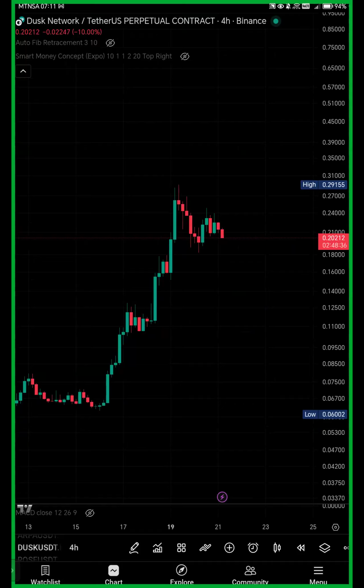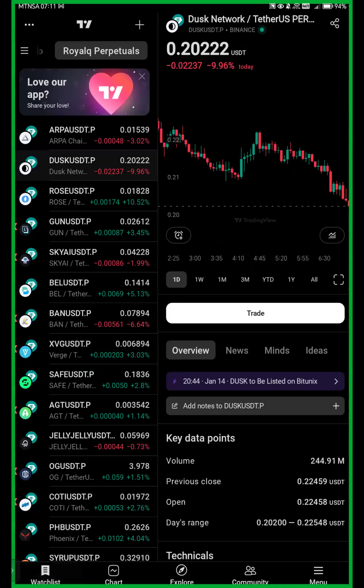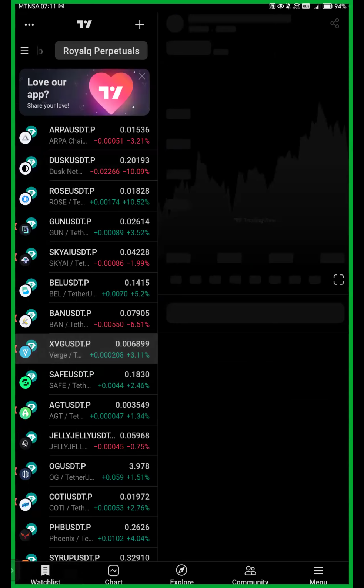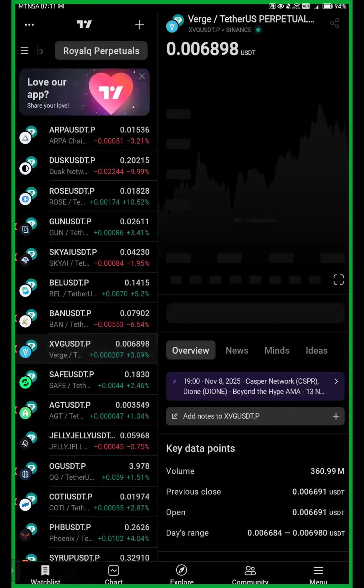But first of all, I think you have seen the significance of shadows, whether it is a long upper shadow or a long lower shadow. You are able to see its significance, right? Let's look at other chart patterns that we may find.